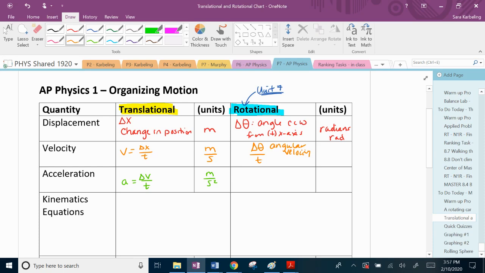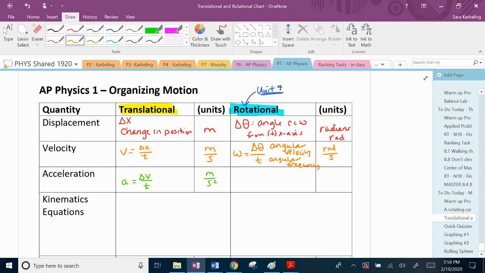It can also be known as, and this one's a little bit funny, again, we'll go over this tomorrow, but I want to make sure we have it written down, angular frequency. You've met this one before. What is it? It is omega. Good memory. Omega. And the units are radians per second. If you remember that radians aren't really anything, then this is just 1 over seconds, which is why we call it angular frequency.